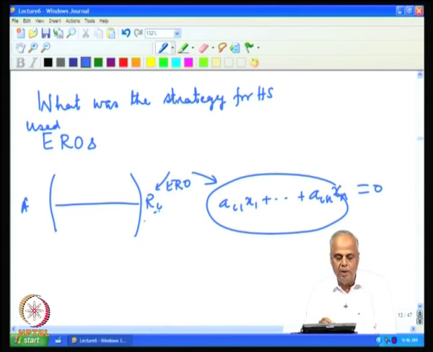In other words, we are multiplying the left hand side of this equation by alpha. If we are adding 4 times the second row to this row, it means we are adding 4 times the second equation's left hand side to this ith equation. Similarly, if we are interchanging 2 rows, it means we are interchanging the 2 left hand sides of these equations.